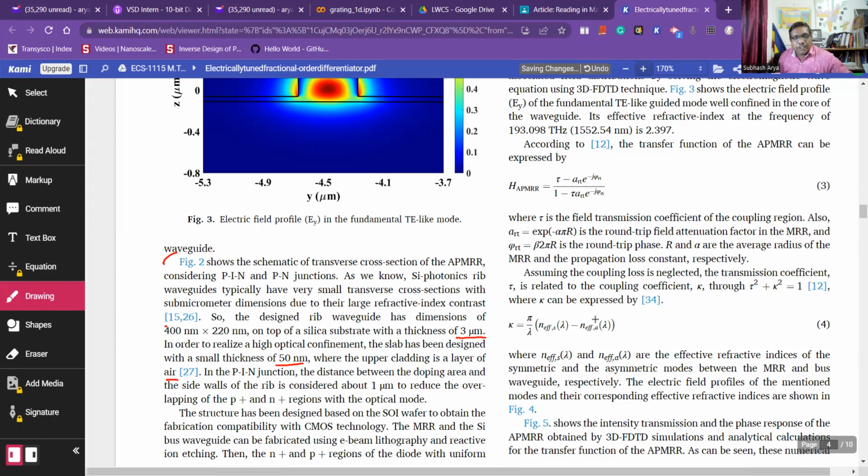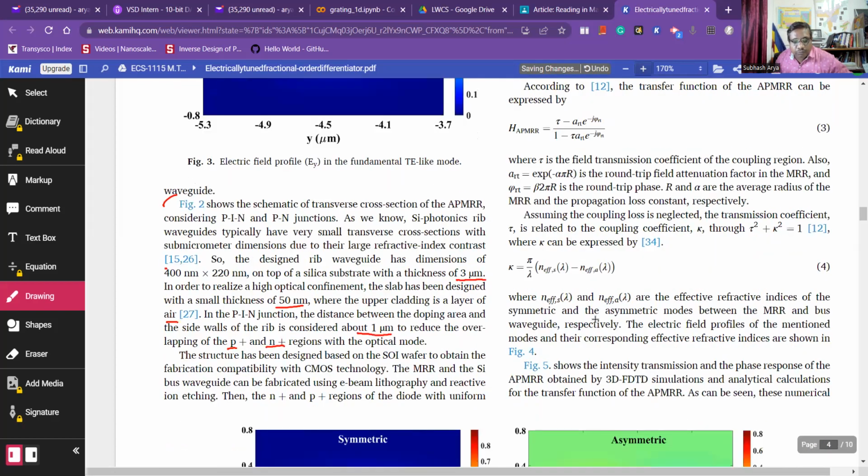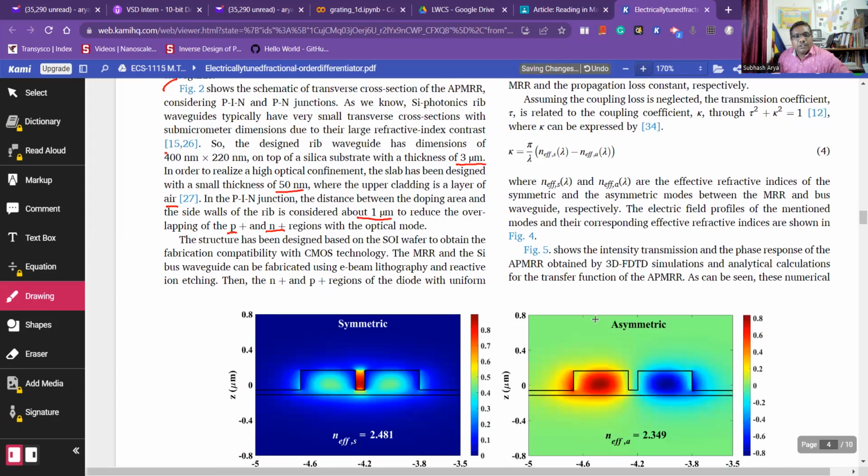In the PIN junction, the distance between the doping area and the side wall of the ring is considered about 1 micrometer to reduce the overlapping of the P plus and N plus regions with the optical mode. The structure has been designed based on a silicon-on-insulator wafer to obtain fabrication compatibility with CMOS technology.